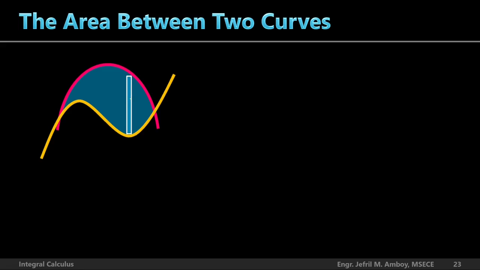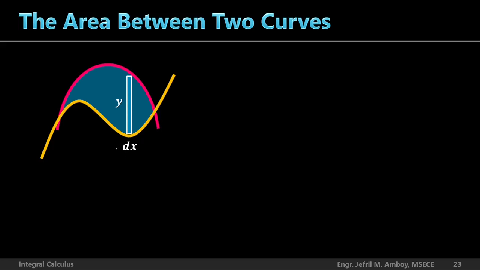We will represent its length as y and its thickness na napakanipis kasi differential area element yan, dx. So this is y because it's along the y-axis, and this is differential of x because it's an infinitely thin element that is along the x-axis. So now the area of a single element is its length, y, multiplied by its thickness, dx.